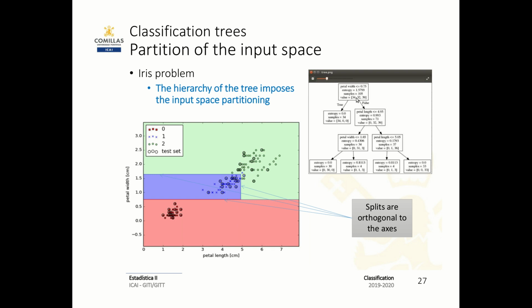At the beginning we had 34, 32, 39 flowers of the different types, but then for those with a petal width smaller than 0.75, we see it is 34, 0, 0. So that means that it is a pure population, only one type. So now we assign the label of those training samples.